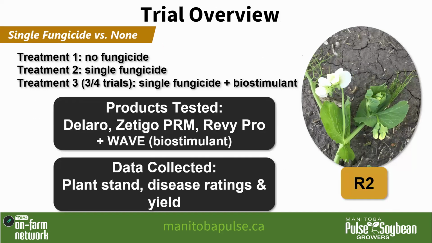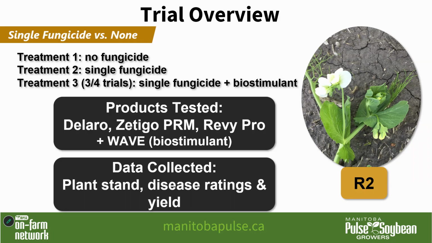So starting with the single versus none trial overview, the three treatments we had were one, no fungicide, two, single fungicide, and 3 out of 4 trials had a third treatment of a single fungicide plus a biostimulant tank mix. The biostimulant in this case was Wave from UPL.